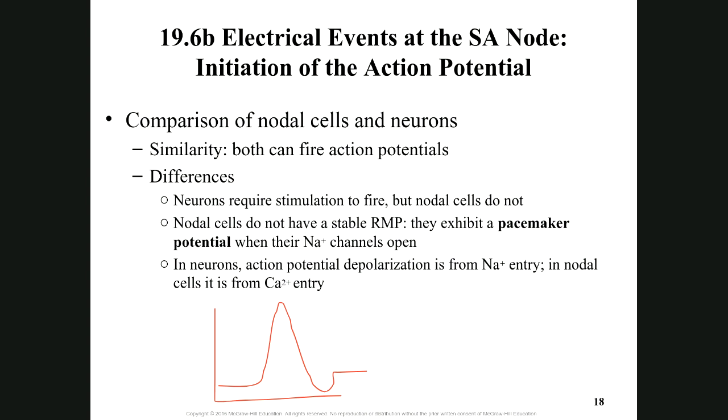But in the nodal cell, as you see here, we first reach threshold, then we have depolarization, repolarization, and immediately when we reach the resting membrane potential, the other wave starts. So we don't have a stable resting membrane potential.